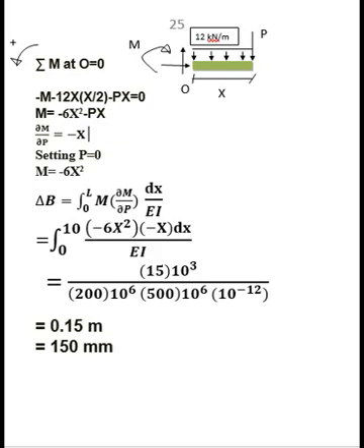Then we find the deflection by applying the equation of Castigliano's method, M times the partial derivative of M with respect to P times dx over EI. Then the deflection will be 0.15 meter, which is equal to 150 millimeter.